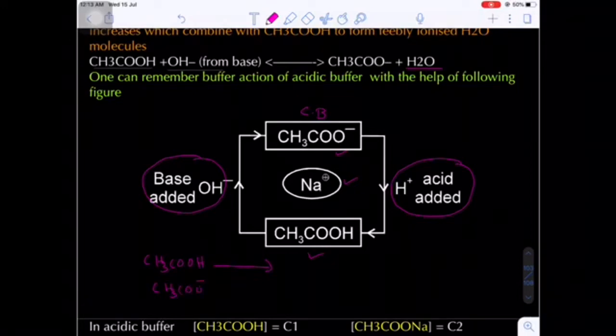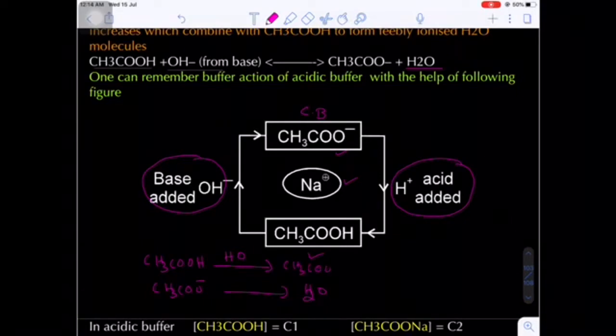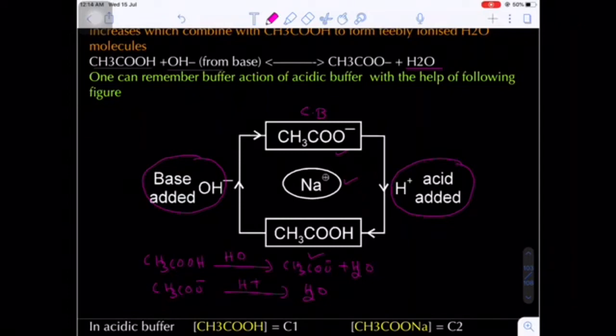Suppose you add the acid or you add the base, then what happens? If you add the base, it combines with acetic acid to form acetate ions and undissociated water molecules.